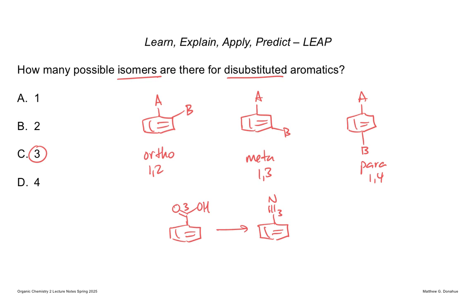So which one's going to overpower the other one? If you have an ortho-para director and a meta director, then it can get you anywhere on this ring, but where do you predict it will go? And so that's where that benchmark, where you have benzene in the middle and the strength of the electron donating or withdrawing groups, lies.